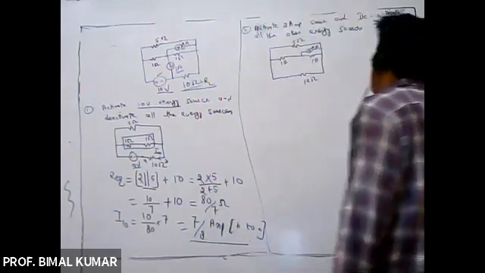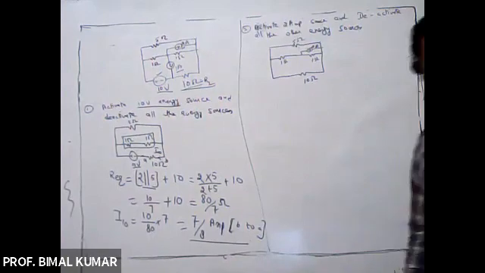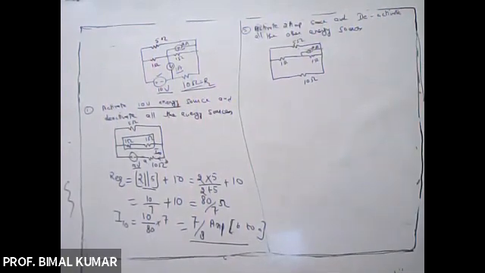Now this is the network when only the 2 ampere energy source is present, right?